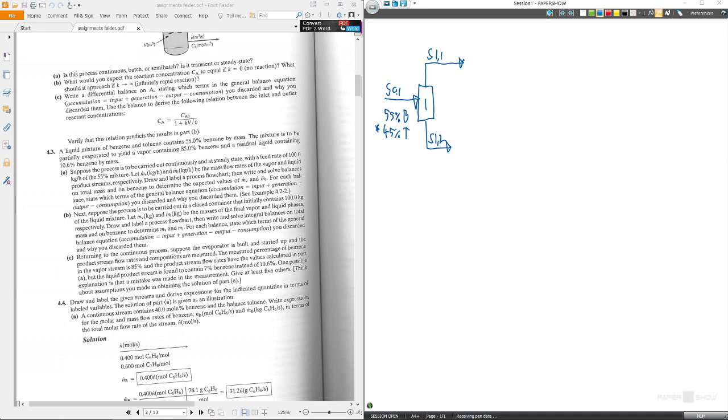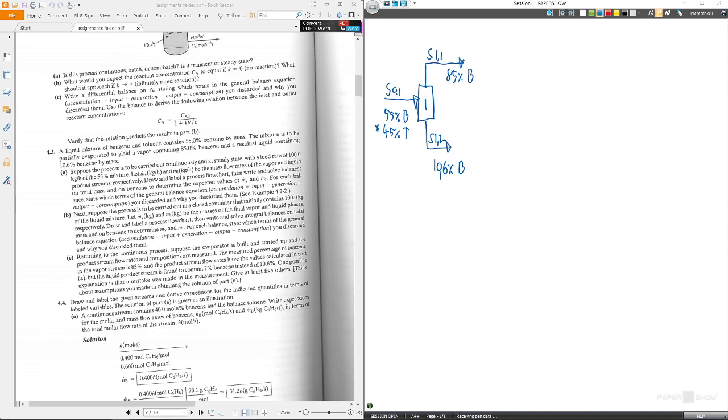What else are we being told? In our vapor phase, stream 11, we have 85% of benzene. And we're being told in our bottom stream we have 10.6% of benzene as well.